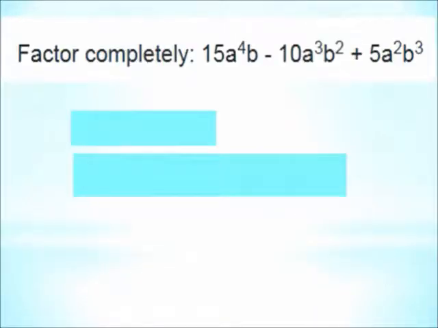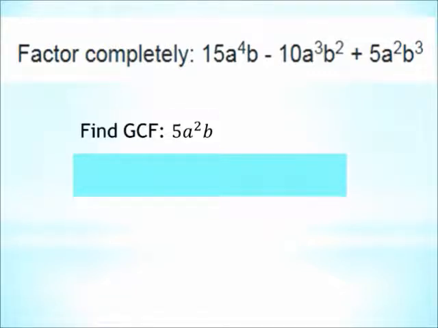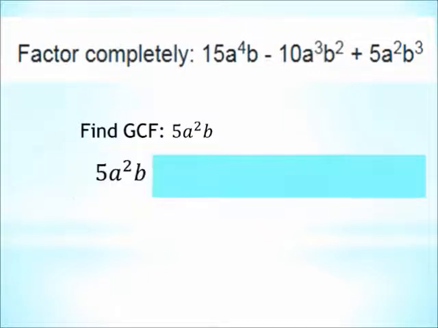So let's look at factoring this completely. Again, as we mentioned before, we want to look for our GCF. So in this case, our GCF is 5a squared b. And then from there, we are going to take each term. First of all, we have to still represent our GCF.